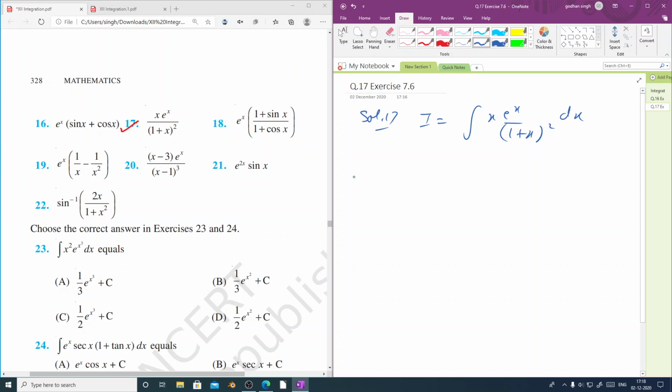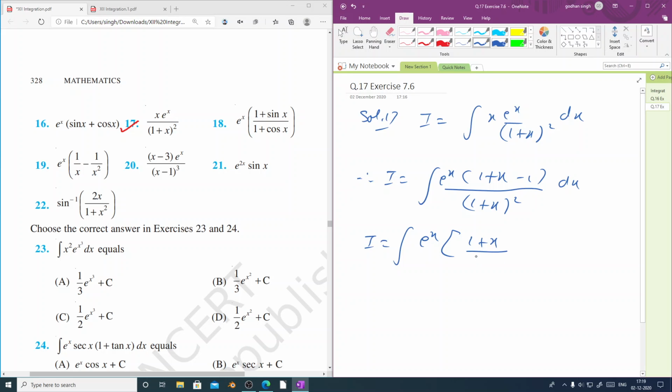Therefore I equal to, what we can do is keep e raised to x as it is, and in x we will add 1 and subtract 1. So (1 plus x minus 1) over (1 plus x) whole square dx. So I equal to e raised to x [(1 plus x) over (1 plus x) whole square minus 1 over (1 plus x) whole square] dx.